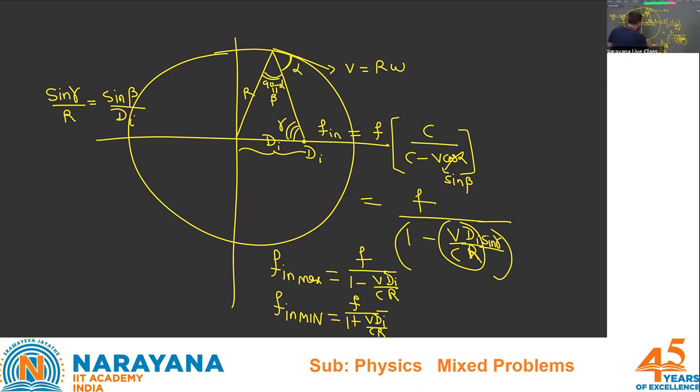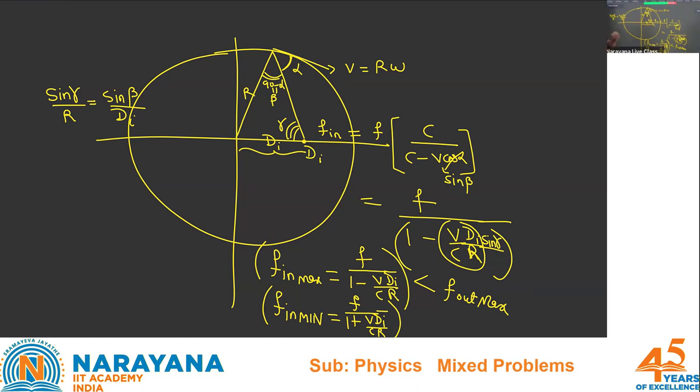And not only this, this f in max seems to be less than f out max, because that value was 1 minus v by c. And f in min in this case, compare with that. The graph that was given will give you a slight idea. Is this less than f out min?